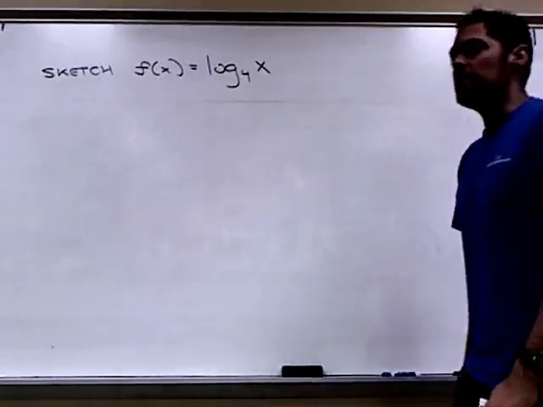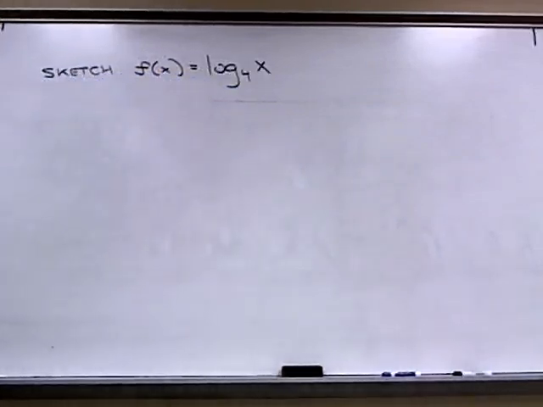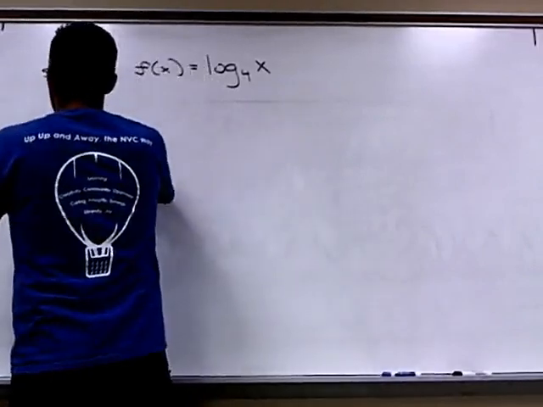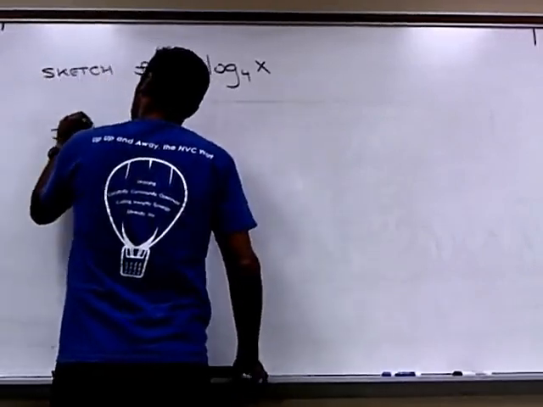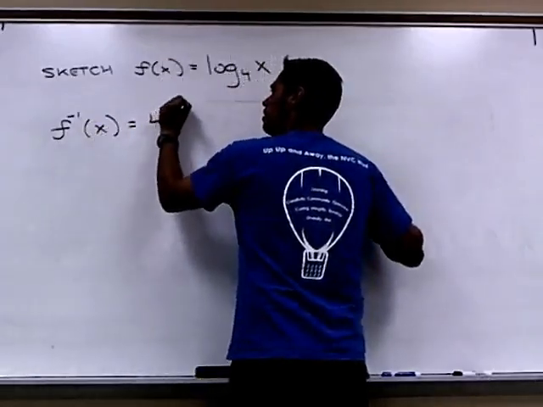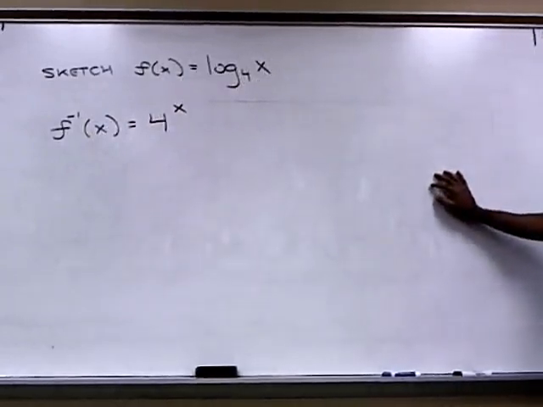So the approach here requires that we understand that the inverse of that function is what? What's the inverse of that? F inverse of this function is what? 4 to the x, right? That's what the inverse is?